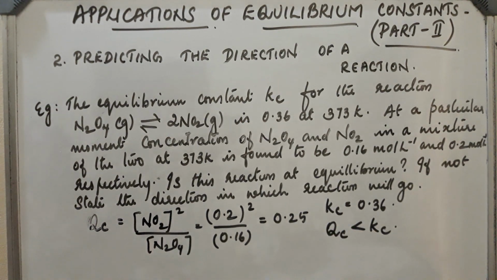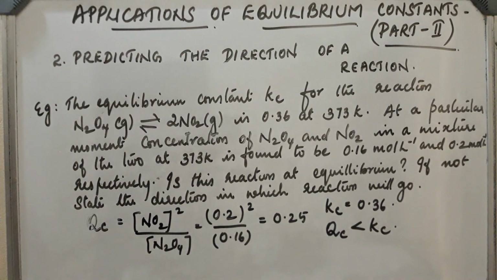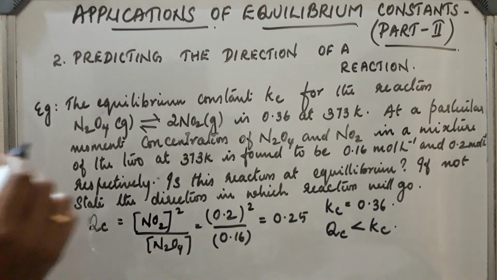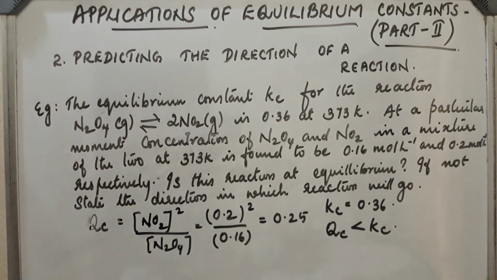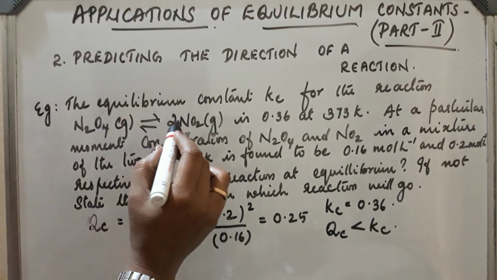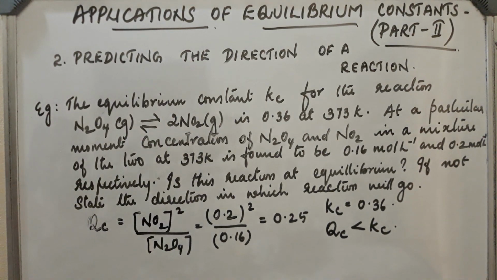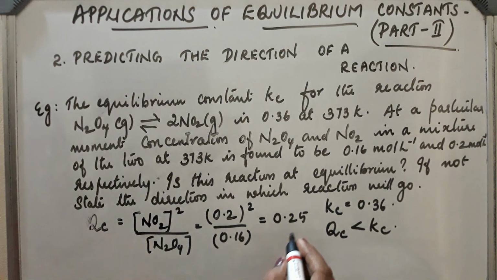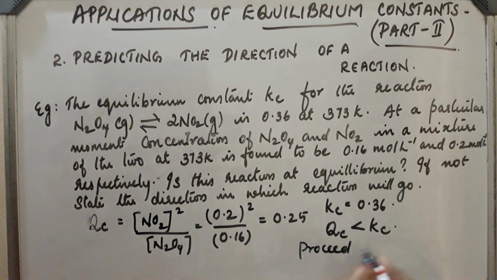So what we have to do is increase the concentration of the product, then only this 0.25 reaches 0.36. So we have to proceed in the forward direction. If the reaction proceeds in the forward direction, then only the product increases. So the reaction will proceed in the forward direction.